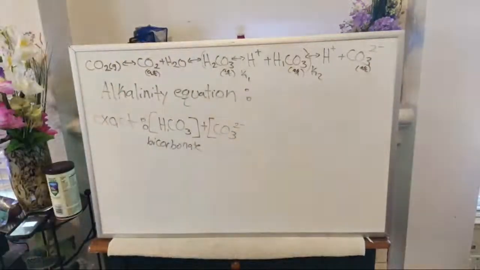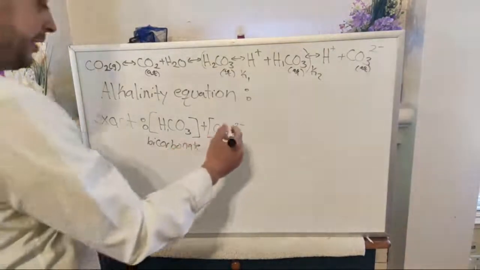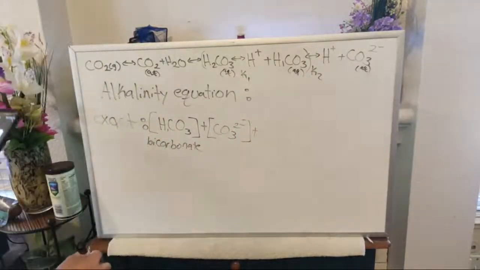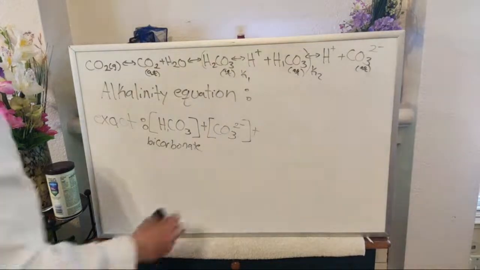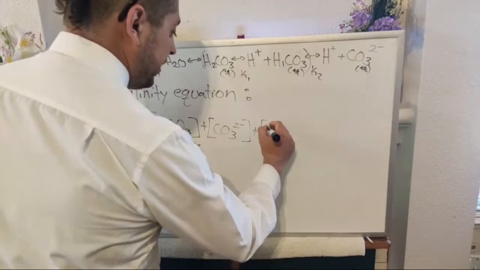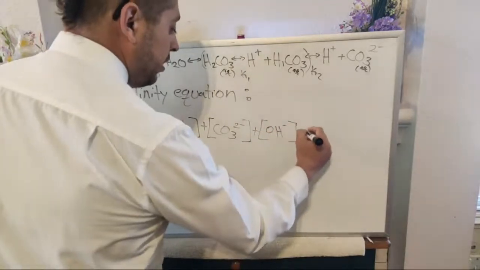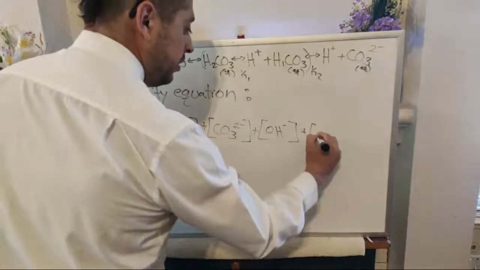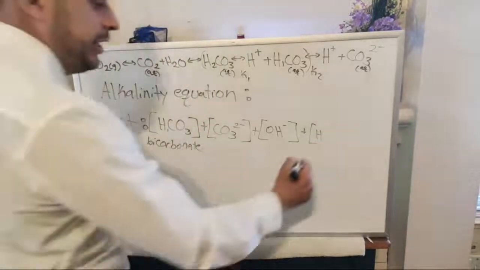So you get the concentration of carbonate in the water plus the hydroxide and the H plus. So you get the concentration of hydroxide, OH minus, plus the concentration of, should we call it H plus or H3O?